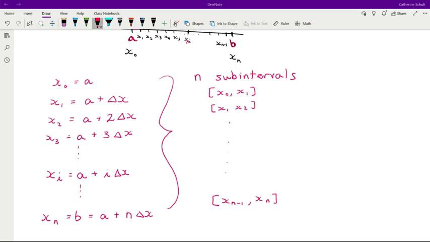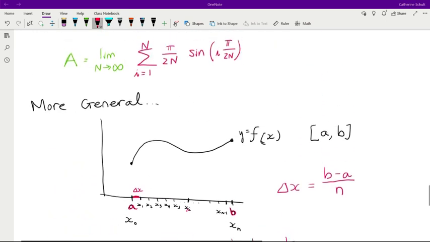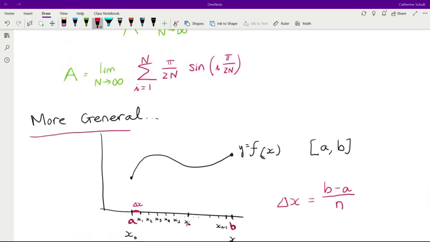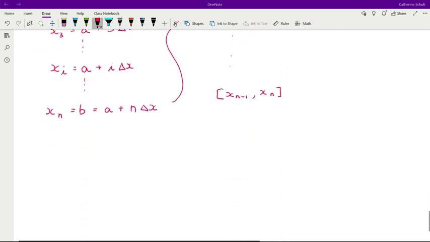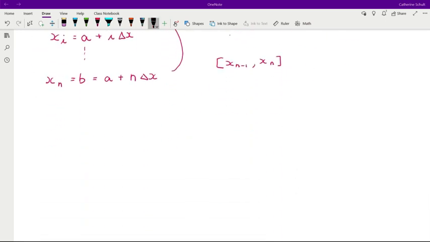All right, so we have all of these subintervals. Okay, so again, what are we doing? Because it's getting crazy. We're trying to do a more general definition for area under a curve. All right, and more general is always a little bit more complicated. All right, but now that we've set all of this up, we can talk about the definition of area under a curve.